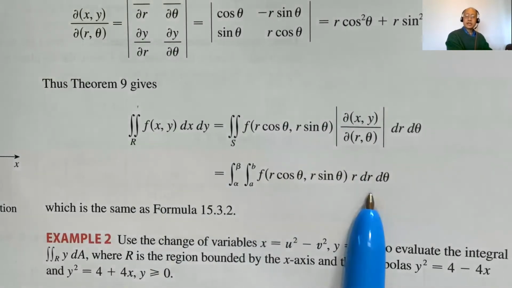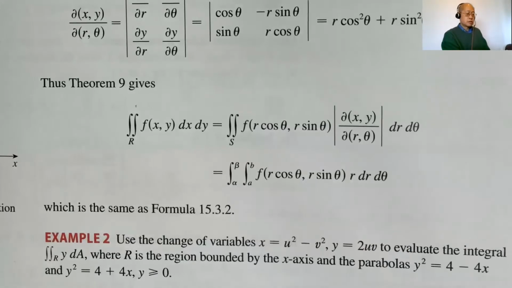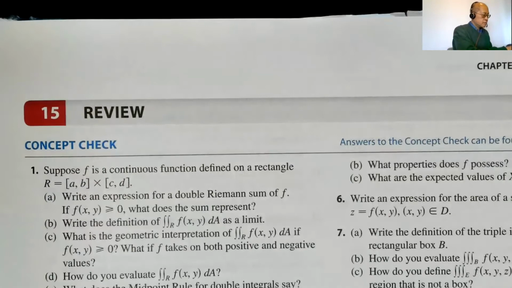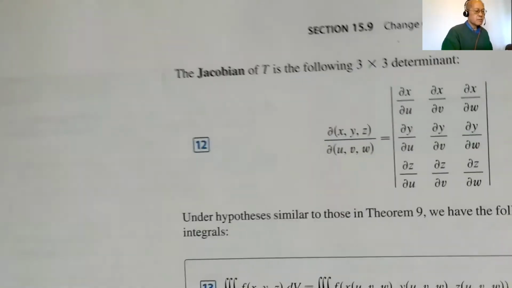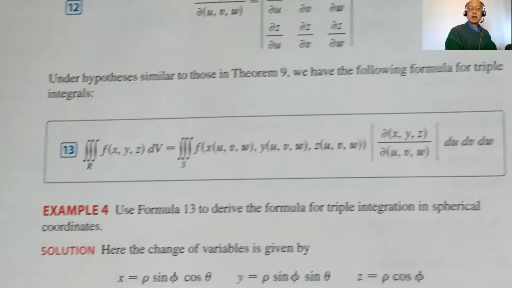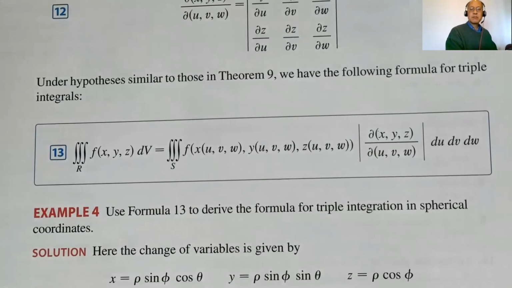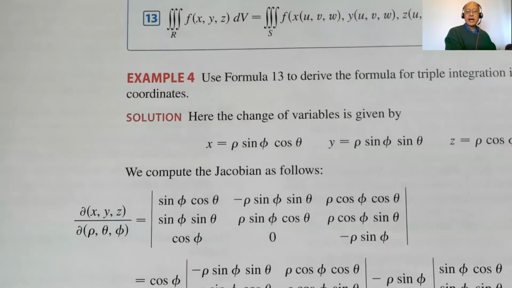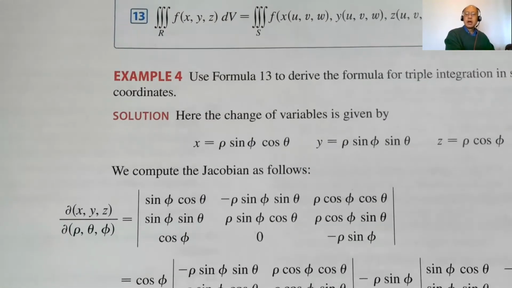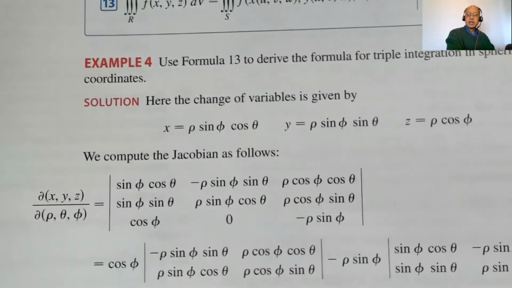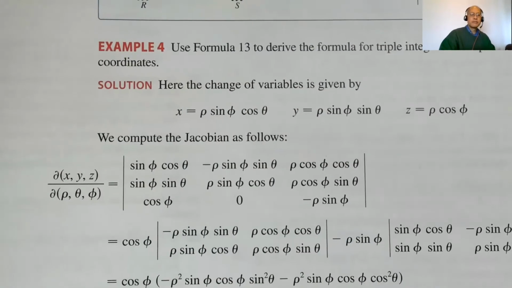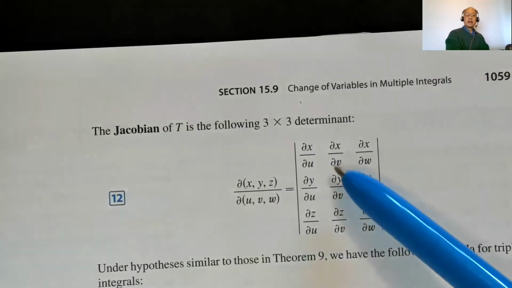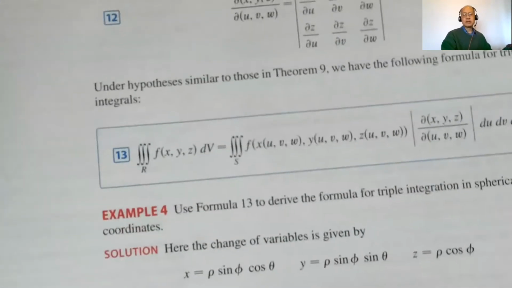And can you guess what happens in spherical coordinates, which we just finished? Higher dimensional. So we have this. If you find a Jacobian of this transformation, x is rho sine phi cosine theta, y is rho sine phi sine theta, z is rho cosine phi. So the partial of x, y, z with respect to rho, theta, and phi, you don't have to look at this closely at all if you don't want to.